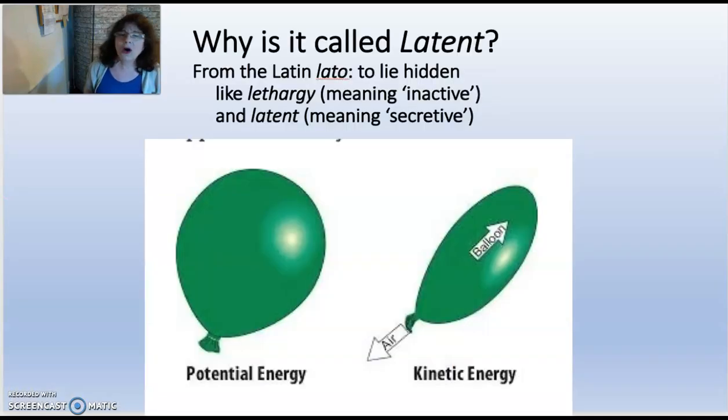Now, we call latent energy, or potential energy, energy in storage. We call this latent because it's hidden. That's like lethargy. They both come from the same Latin word, latere. When we talk about somebody who's lethargic, we talk about somebody who is not really moving. They're inactive.